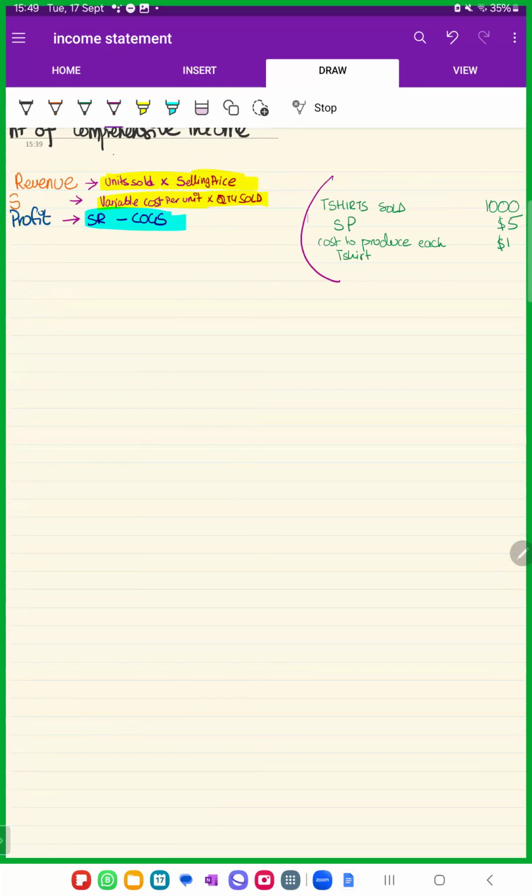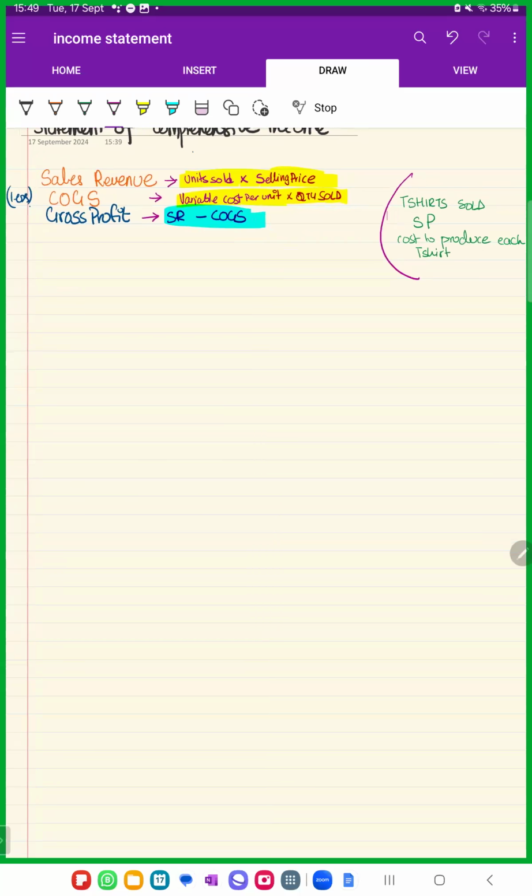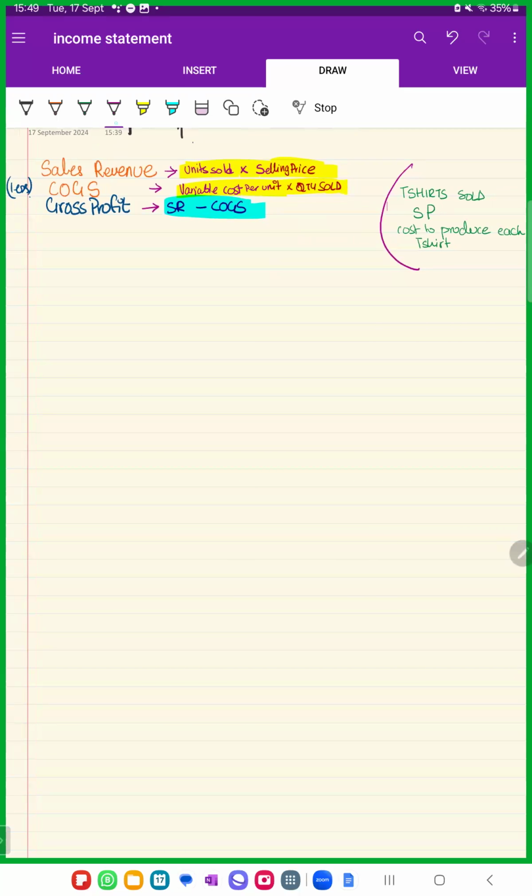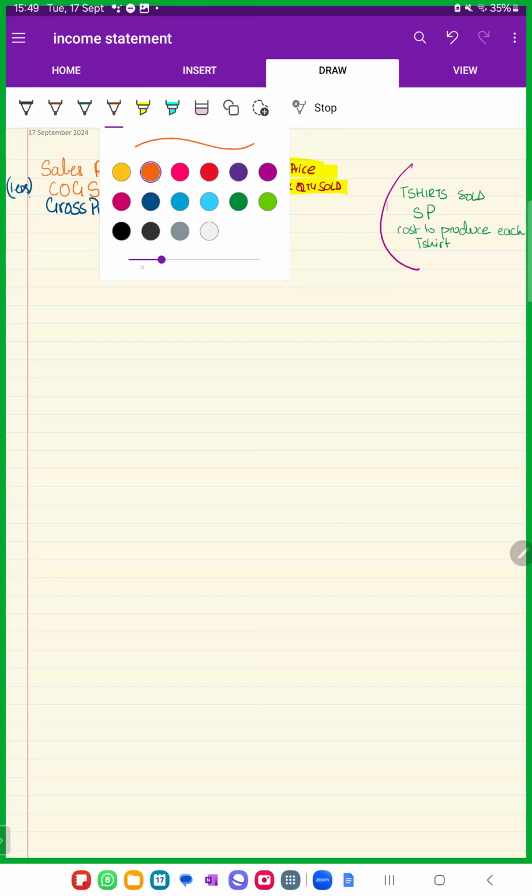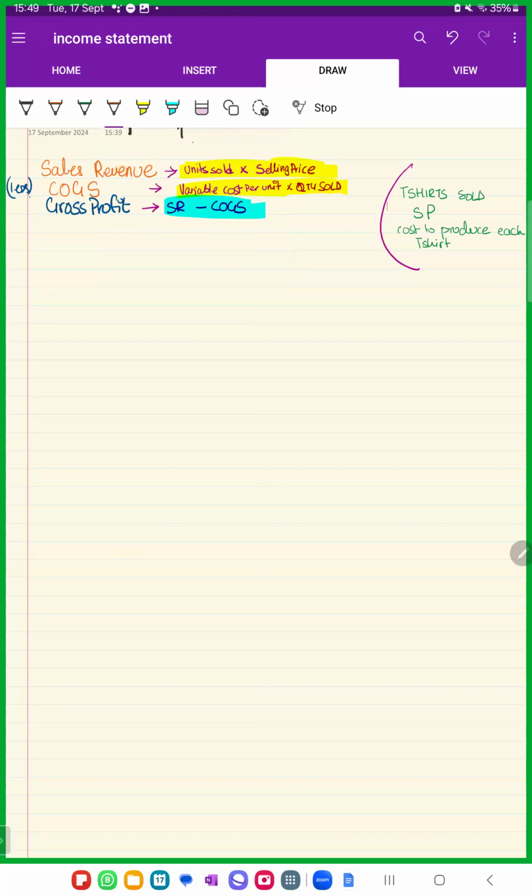Now you want to calculate your operating profit. Once the business calculates their gross profit, then they calculate their operating profit. Your operating profit is made after they deduct all the other expenses like rent, bills, salaries, everything. Other expenses are deducted.